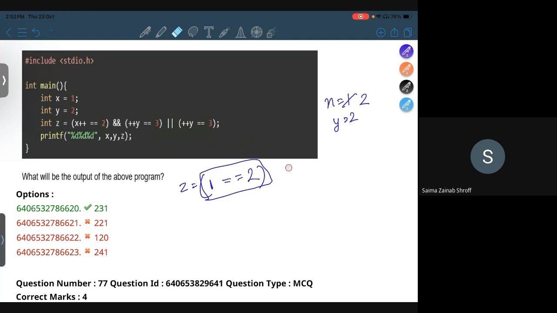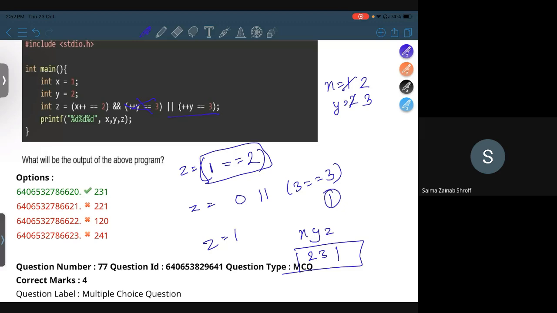So you can say this whole sub-expression will become zero. Now this won't get evaluated once we go to the OR plus y, which is 3. So 3 double equal to 3 plus 3 will return 1. z will become 1. So your x, y, z will become 231.